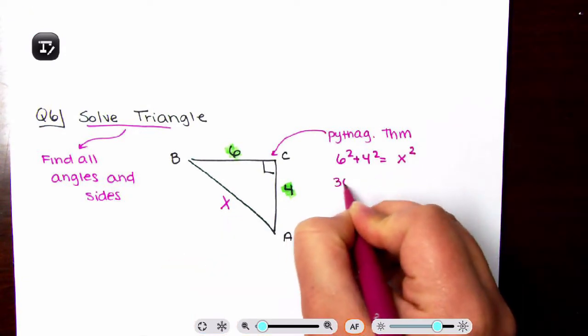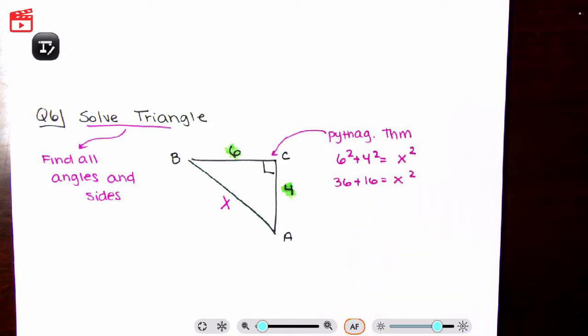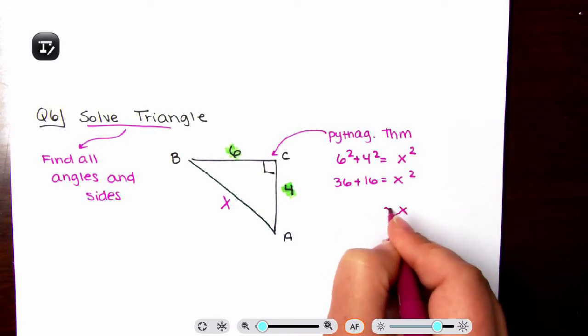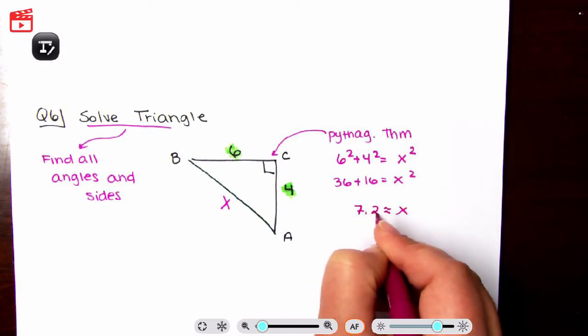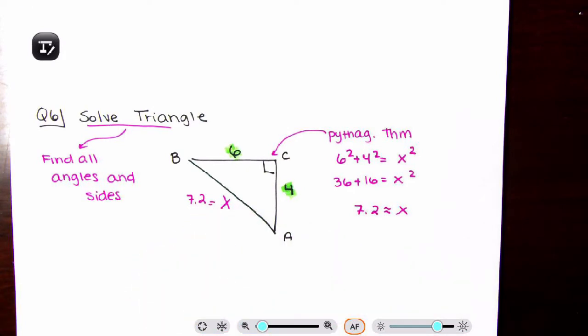So we have 36 plus 16 is equal to x squared. Let's use our calculator for that if you need to. 36 plus 16, that's 52. We're going to take the square root of that. So we have x is approximately 7.2. So we have now completed all sides.